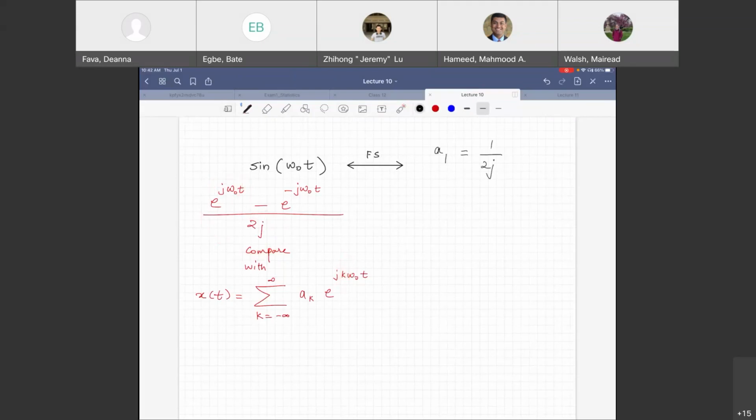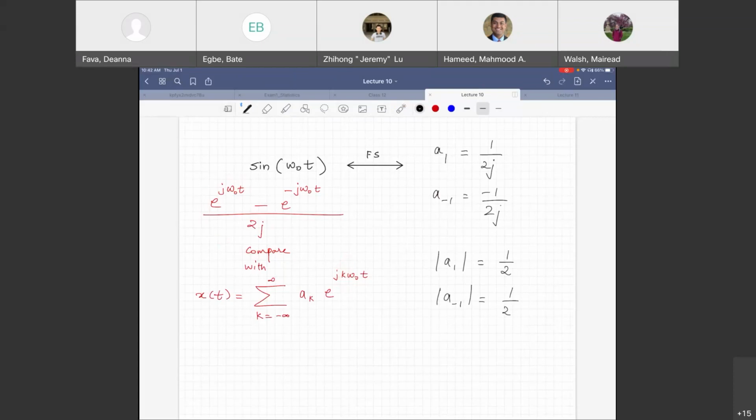And then A minus 1 is negative 1 over 2j. Perfect? Okay, so let's talk about the magnitude and phase. What would be the magnitude of A sub 1? The whole class says 1 over 2 for both.